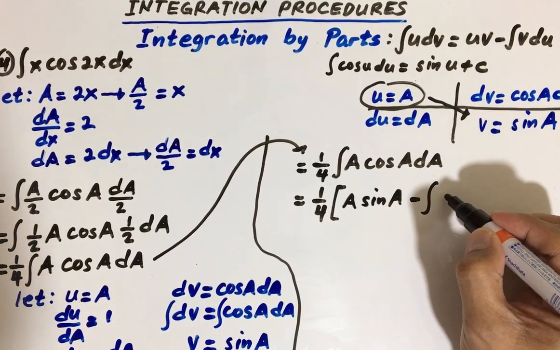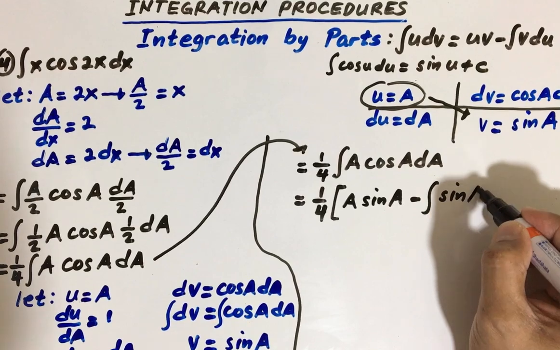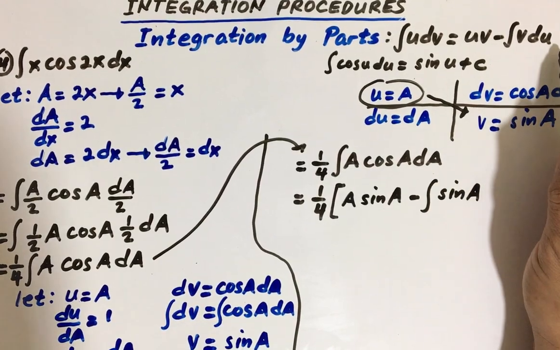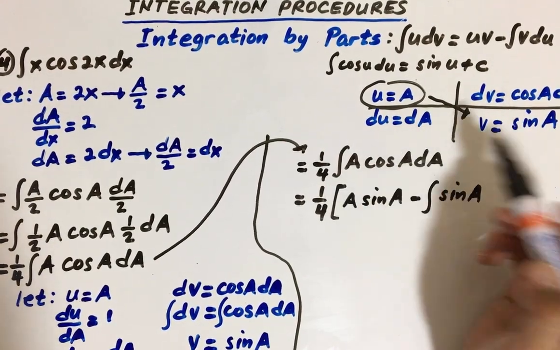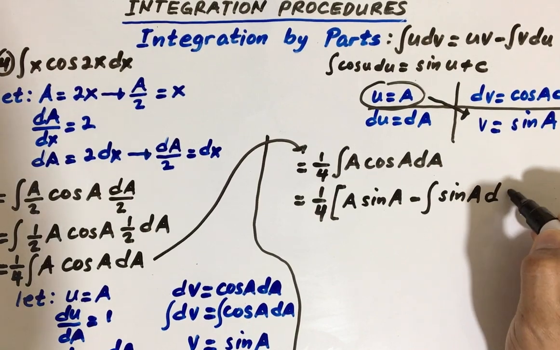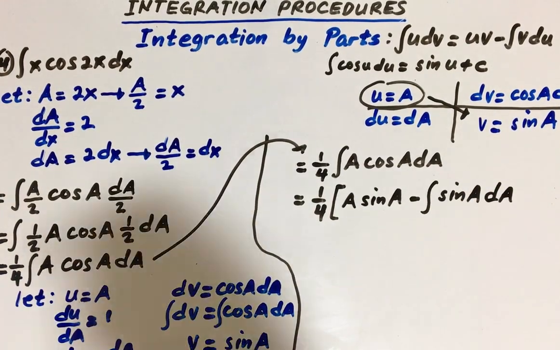Our v is sine a, and our du is equal to dA. So dA. All right.